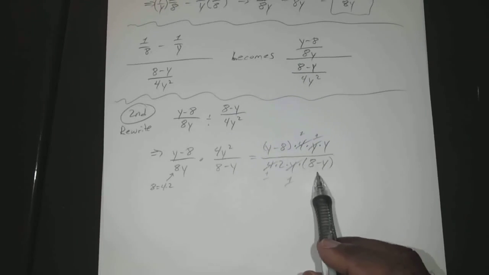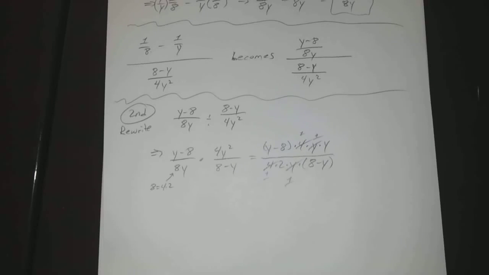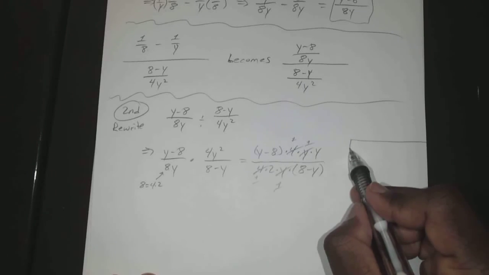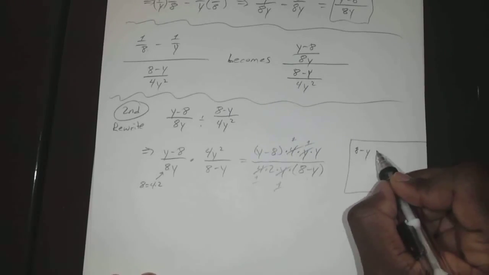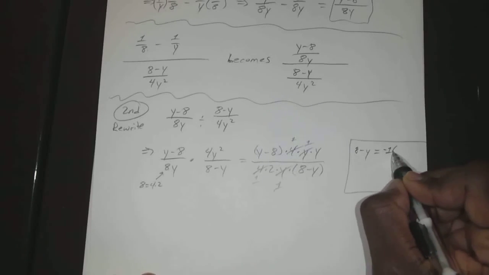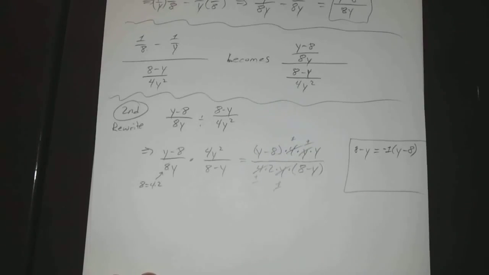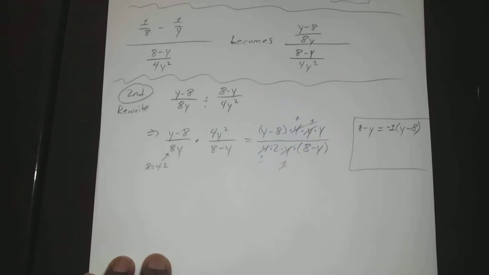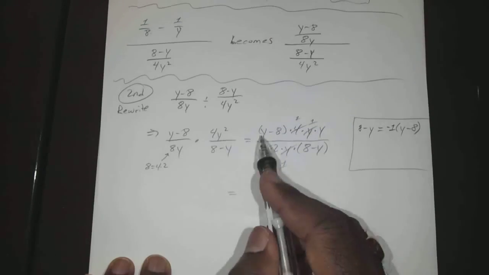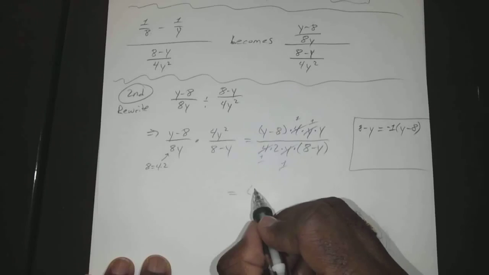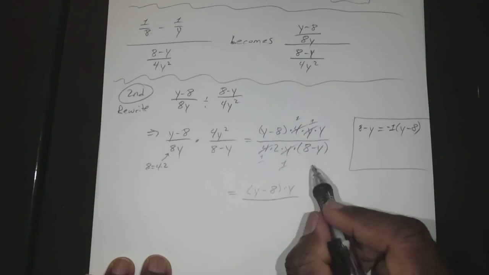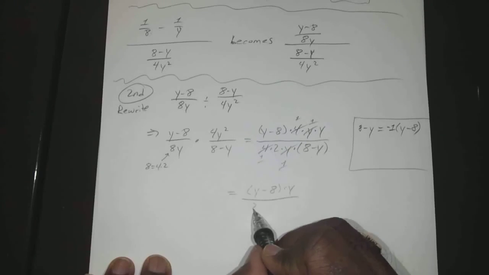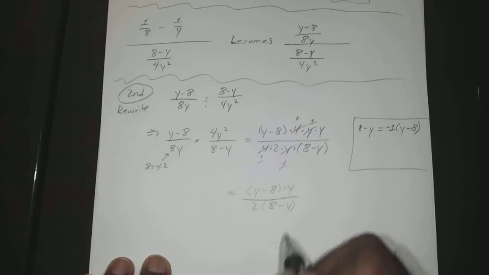Now the 8 minus y and y minus 8 aren't the same, so you can't just cancel those out. But if you remember, 8 minus y is just negative 1 times y minus 8. Okay, so everything that didn't cancel out, we have y minus 8 times y over 2 times 8 minus y.